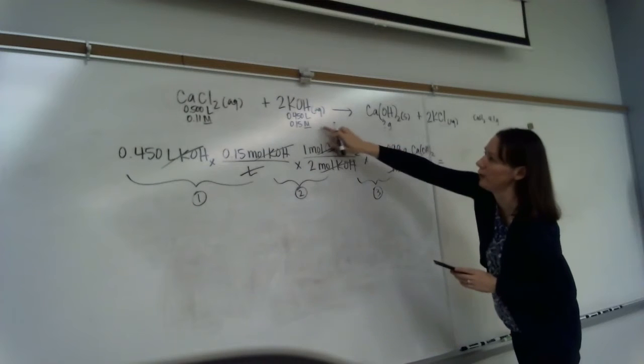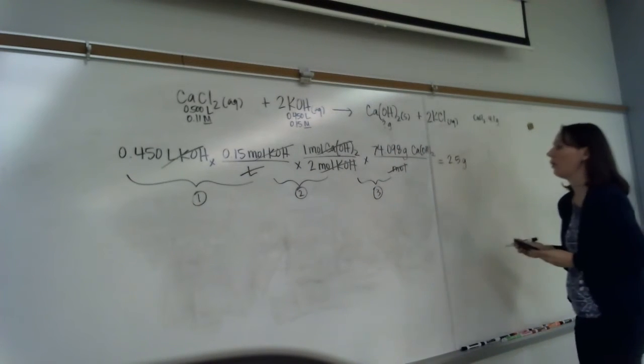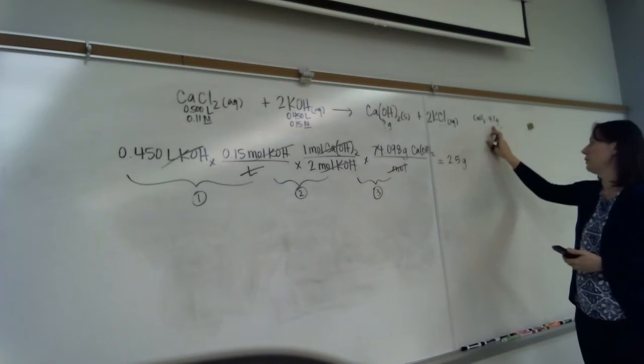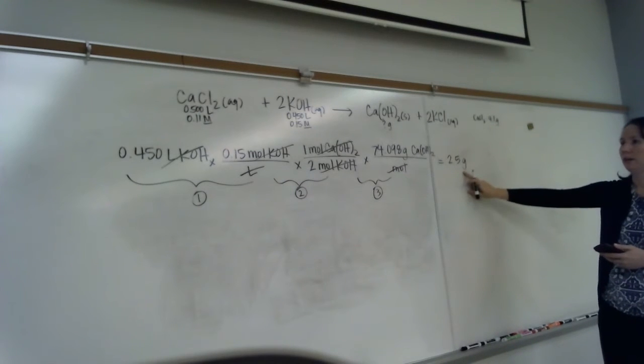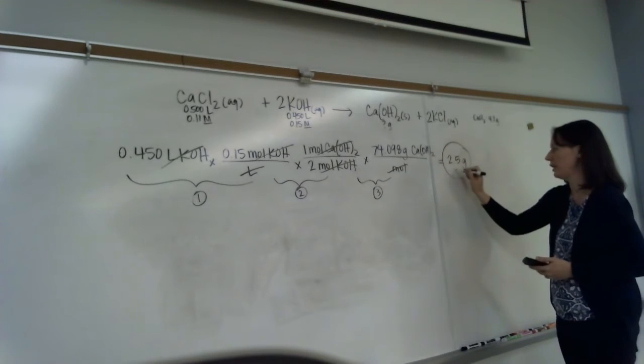Round that to 2 sig figs. So now we pick the smaller number. The smaller number is, calcium chloride gave us 4.1. This gives us 2.5, so our answer is this. This is the theoretical yield.